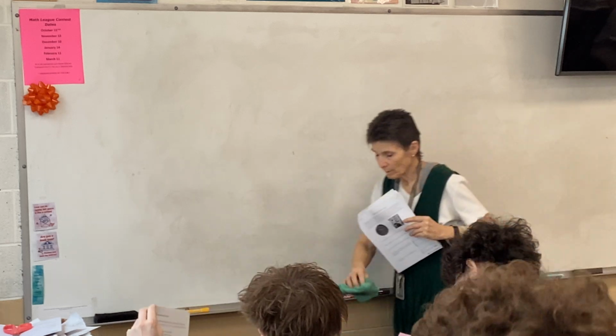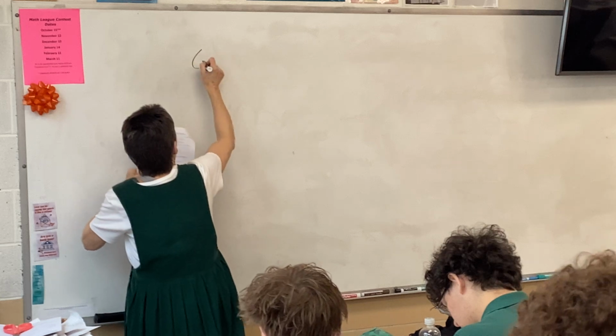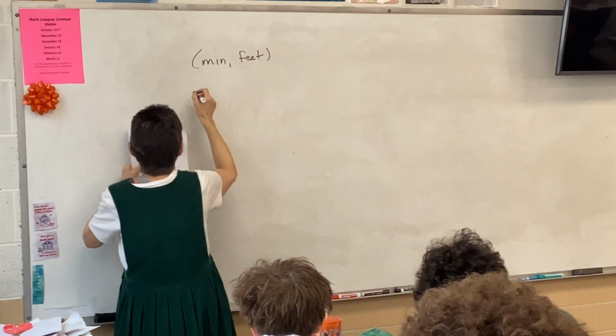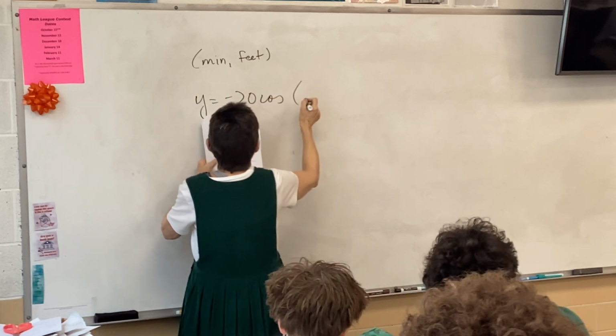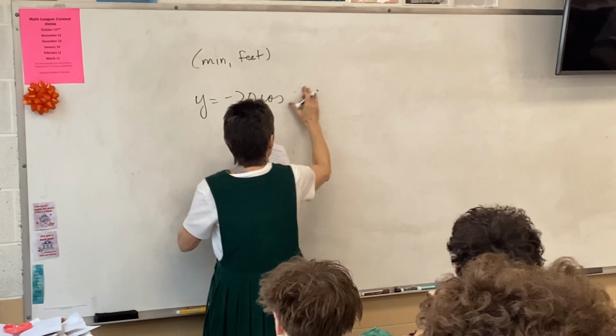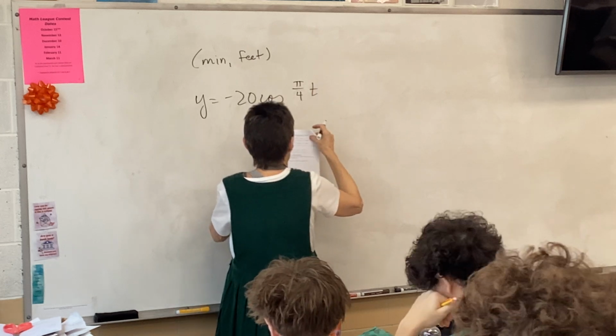The equation's already written for you. Usually we have to write it ourselves. Minutes, feet above ground. Okay, so we've got y equals negative 20 cosine pi over 4. I'm going to write it the way I normally do. Pi over 4t plus 23.